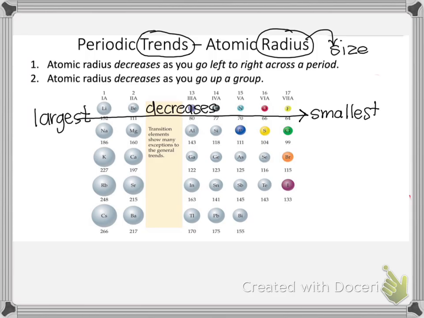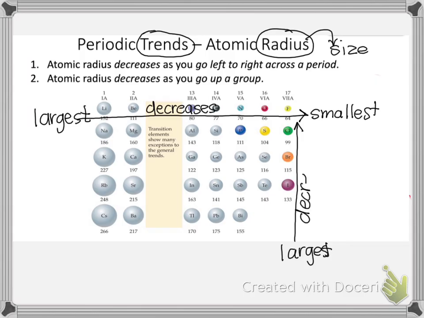Then if we're thinking about the groups, the columns, if we go up a group, you can look at any of the groups, the largest atoms are at the bottom and the smallest atoms are at the top.